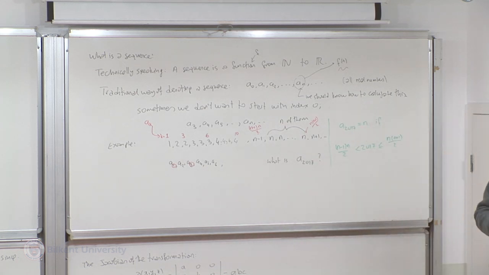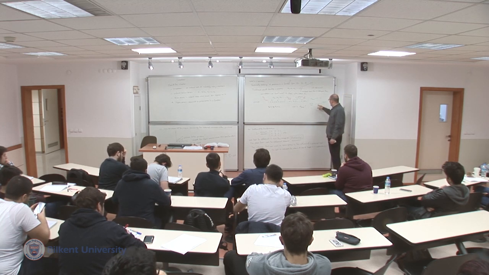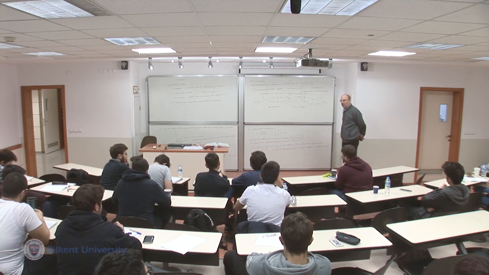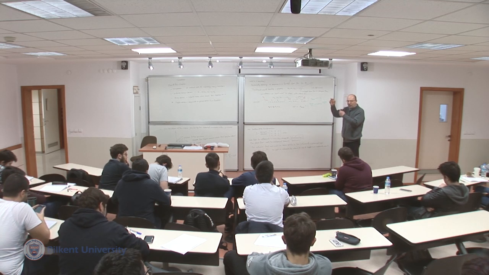Now you can either guess, do a few trial and error, or you can solve an equation. You can say this is equal to this. What is n? n is going to be, of course, some fractional number, and then you try around that. Or if you want to be precise, draw the figure.